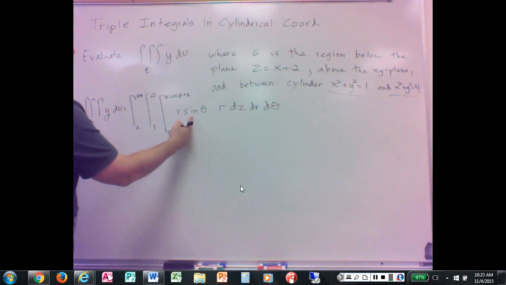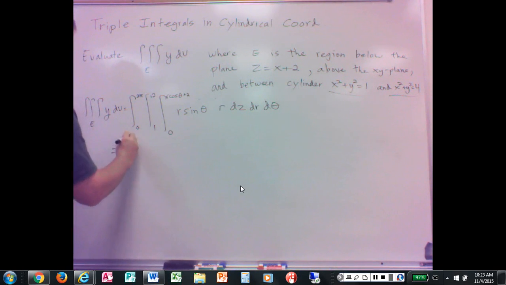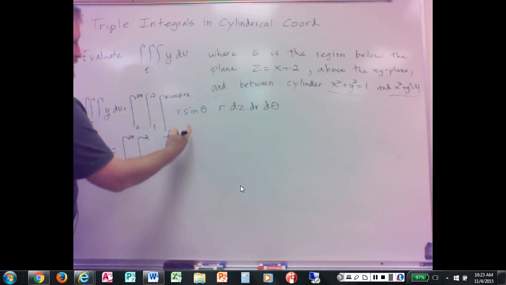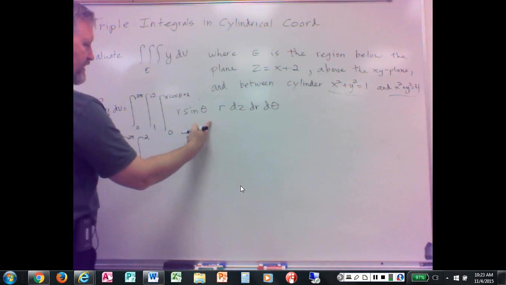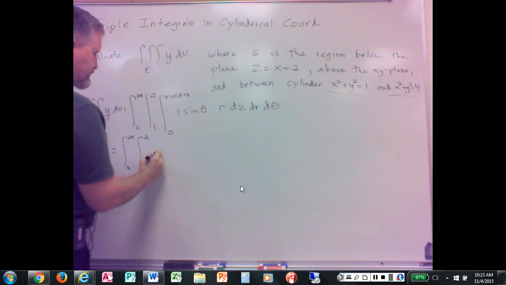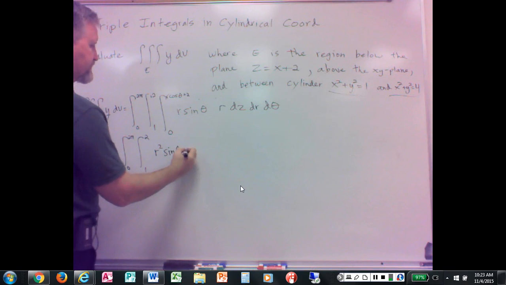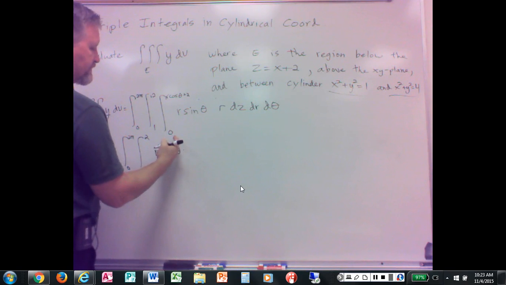So the first one, we're just integrating with respect to z. So it'd just be r squared sine theta. There's no z in it, so it'd just be r squared sine theta z, and then z goes from 0 to, so won't it be this? R squared sine theta times z. The lower limit isn't going to matter here.